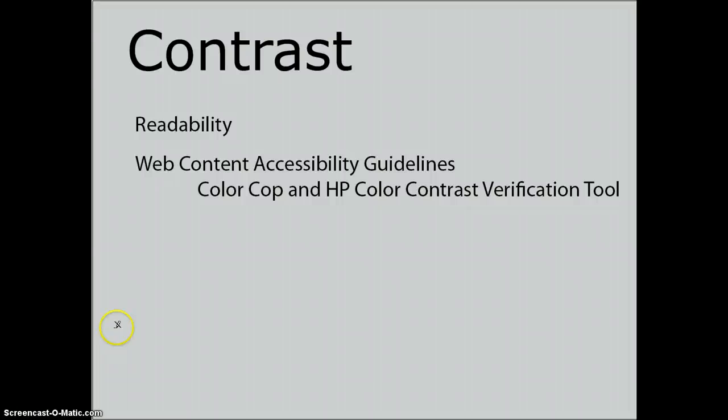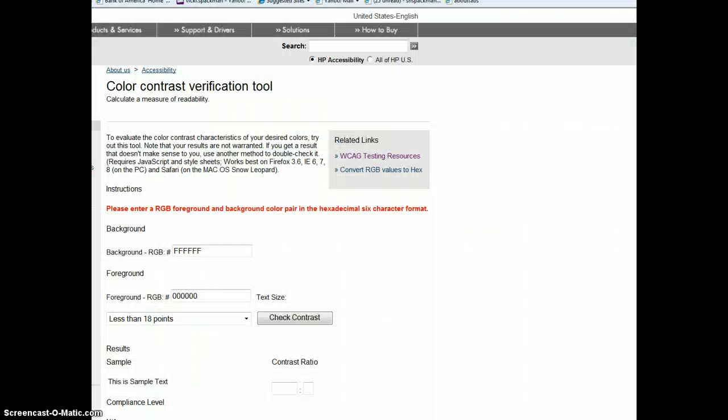And I found a couple of kind of cool tools that deal with that. One is referred to in our article as the Snook color tool, but there's also one that Hewlett-Packard puts out, the color contrast verification tool.